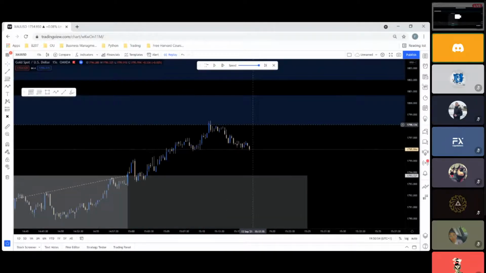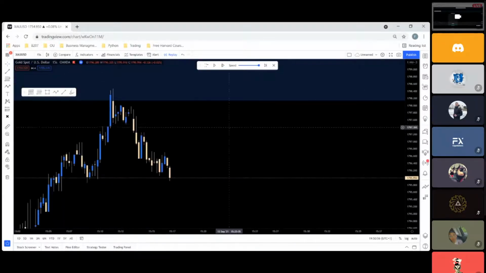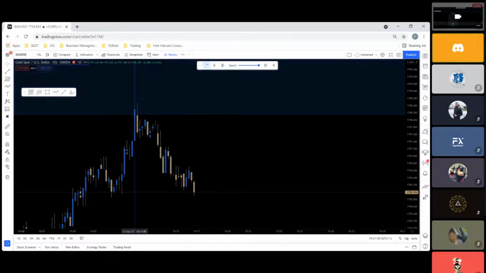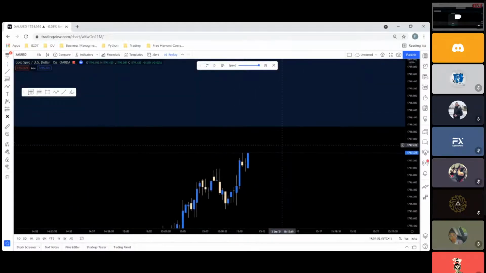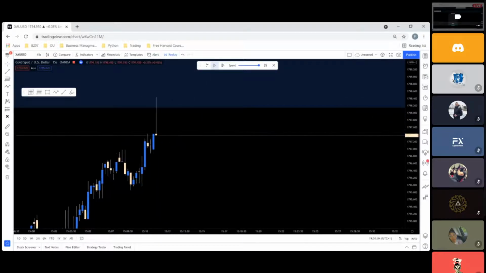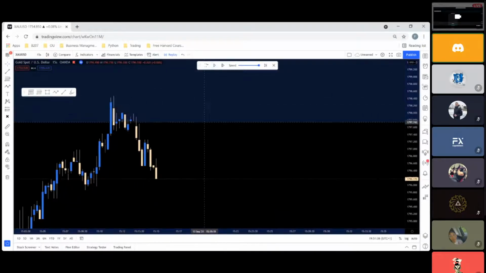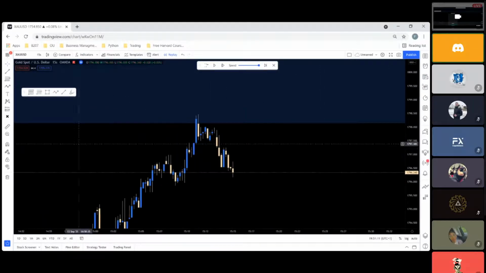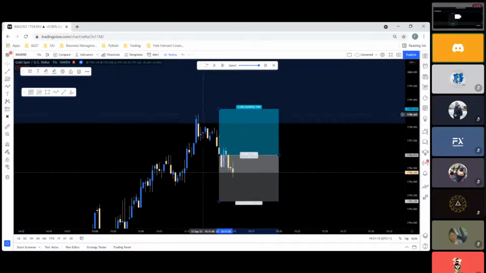So for me, if we come back, what I like to see is price come in, and what I would normally do is I'd have this up move, so your order block already marked up, obviously with a stop here.